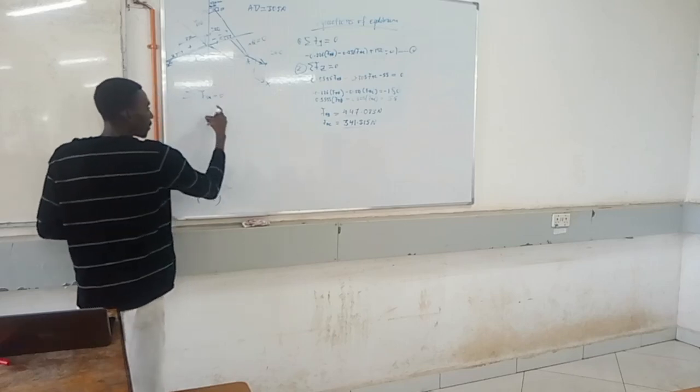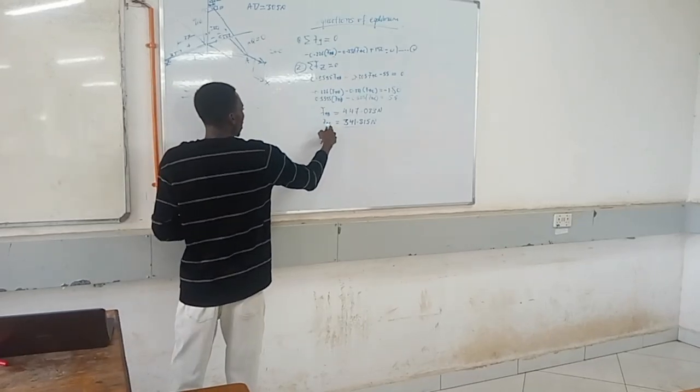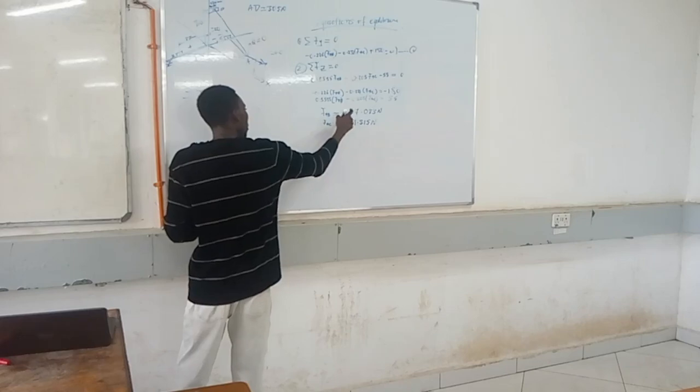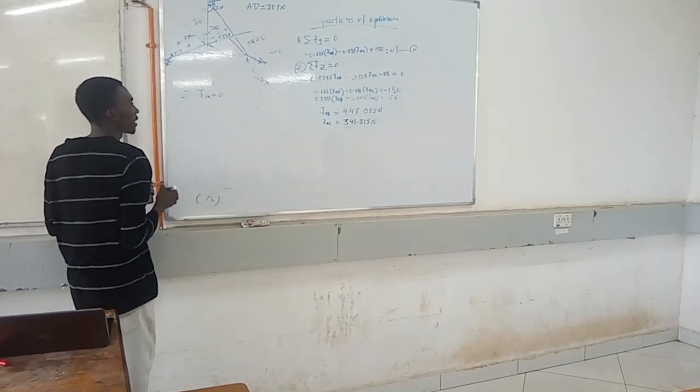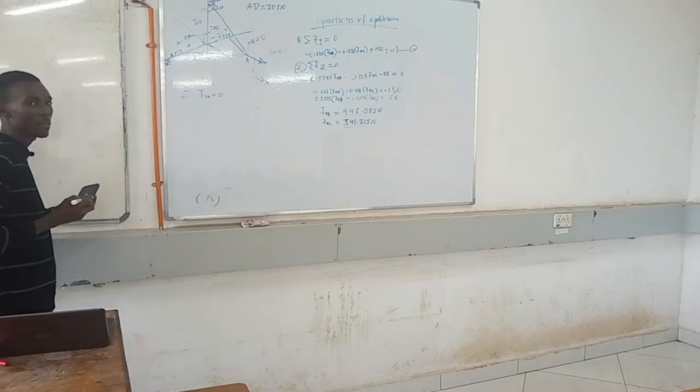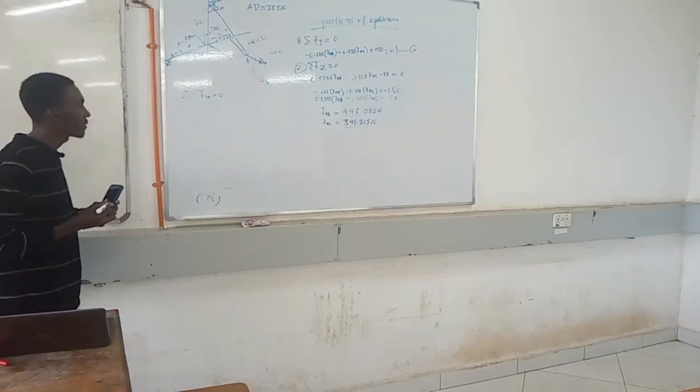This one is solvable because we have at least found the two forces that were unknown. Now they are known. So now we can find the forces in the x. So you can tell me the forces in the x.